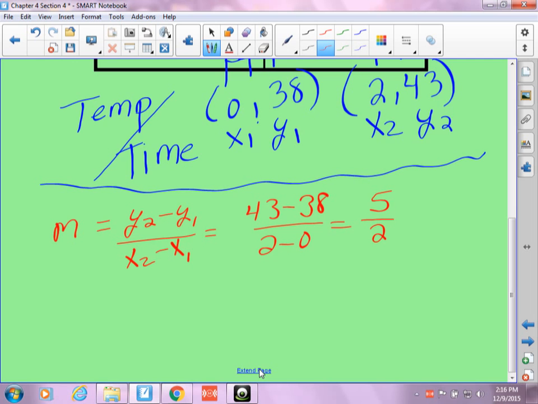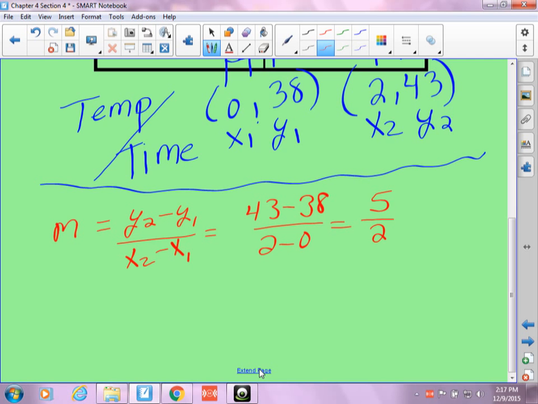Okay, now, what does that mean? Correct. But what does 5 over 2 mean in this situation? It could be a mixed number. However, slope, we never do it as a mixed number. This is reduced. But put it into the word problem. Temp over time. So what's going on?